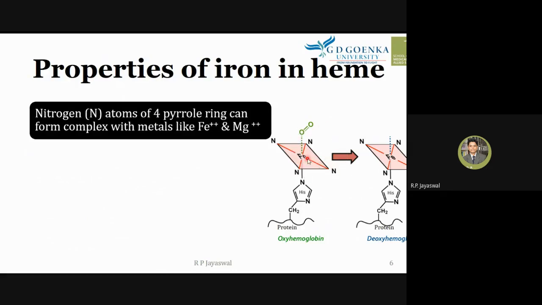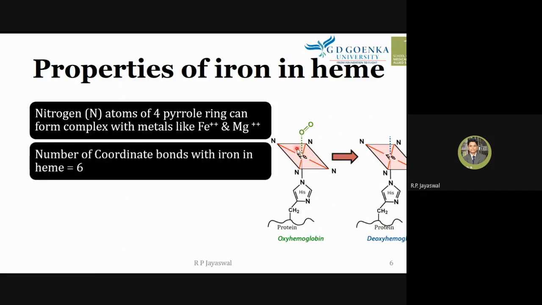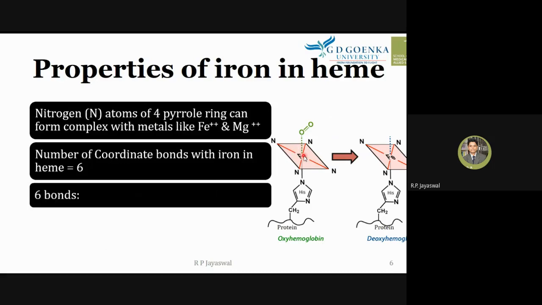In this complex structure, the number of coordinate bonds with iron in heme becomes 6. Of these 6 bonds, 4 are with the pyrrole rings, 1, 2, 3, 4.